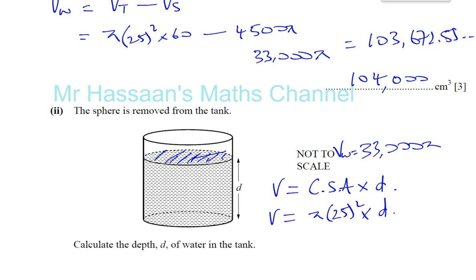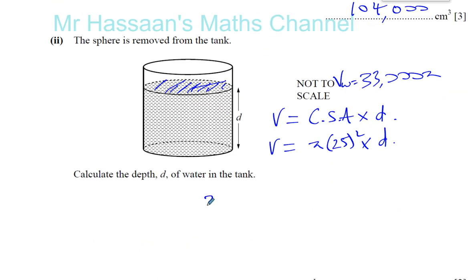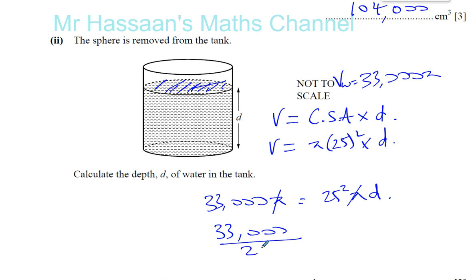So what do we know from this? We know the volume, so 33,000 pi equals 25 squared times pi times the depth of the water. We can see here that the pi's will cancel out. That's one good thing about leaving things in terms of pi. So you're going to have 33,000 divided by 25 squared, and that will be the depth. Everything's in centimeters here, so there's no worries about the units.